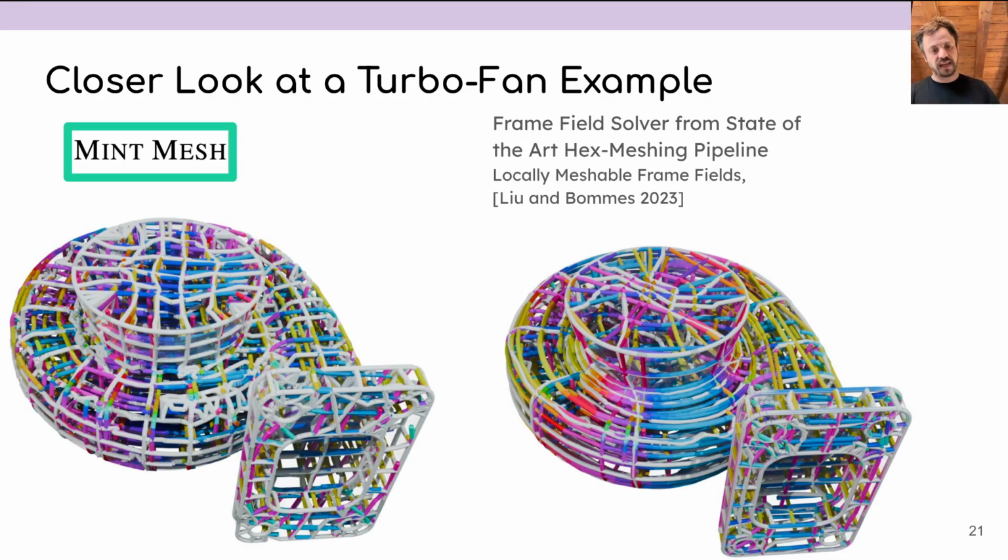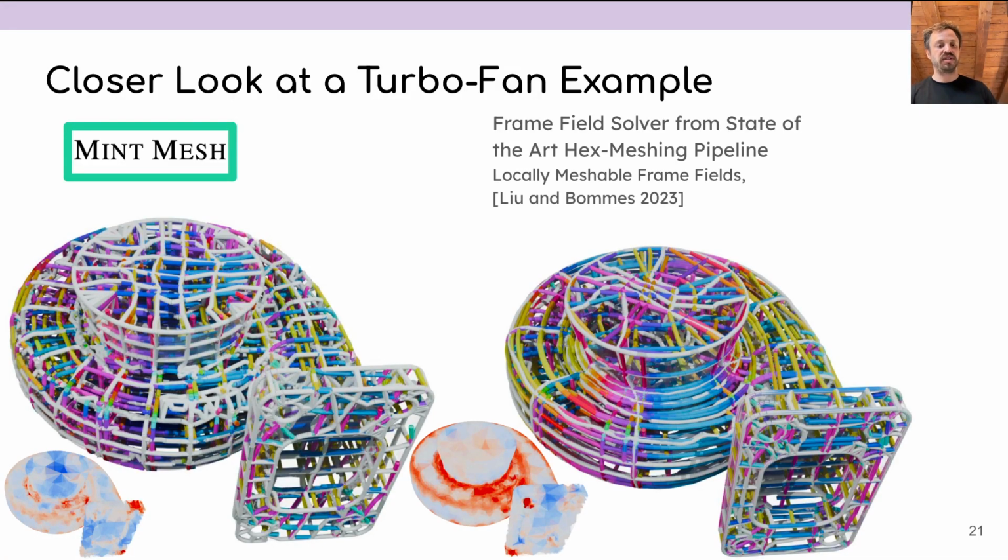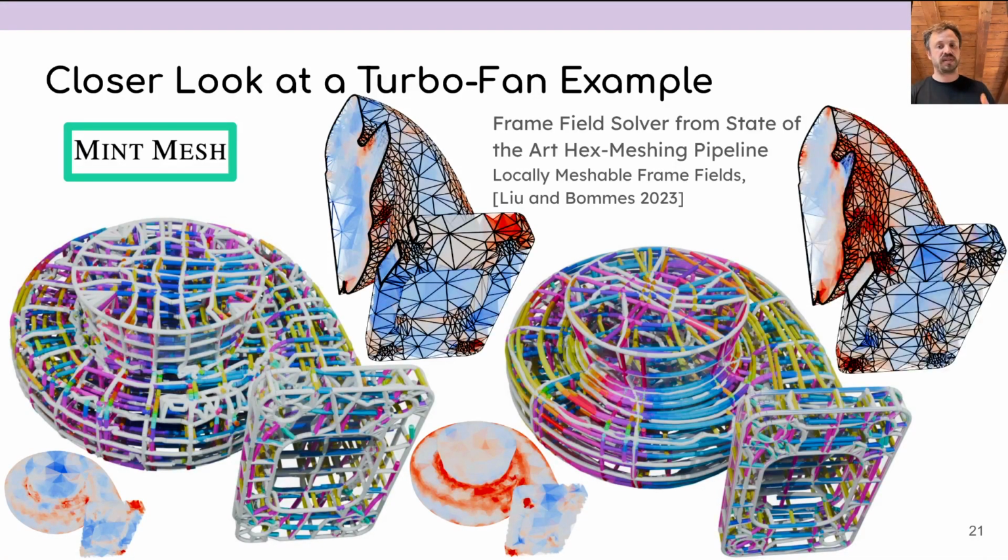geometric domain. And also, if you look at the global integrability error, the discrepancy between the parameterization and the streamlines, you can see that our method has much lower integrability residual. Here we have sliced views of the integrability residual, so you can see that it's not only on the surface, but also in the interior that you're seeing this large residual.